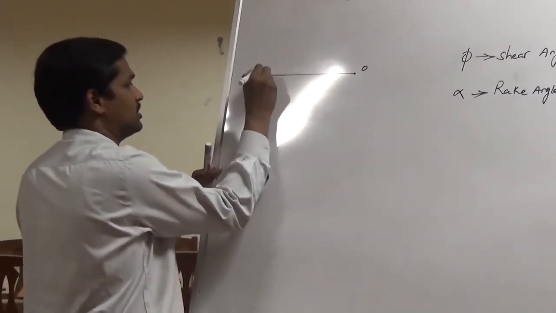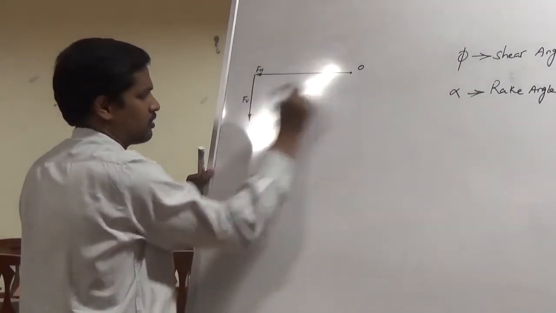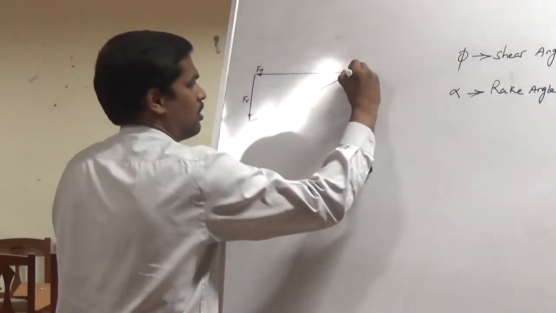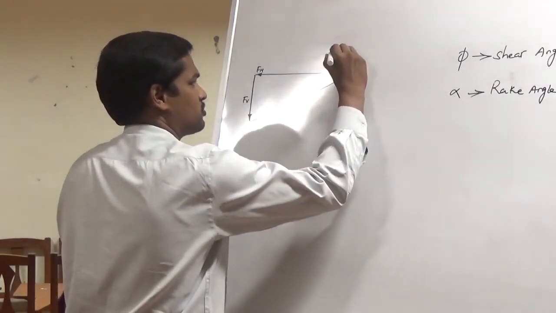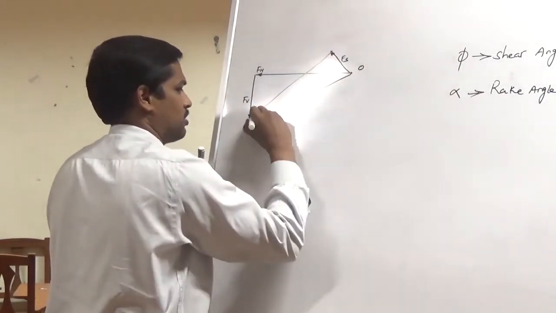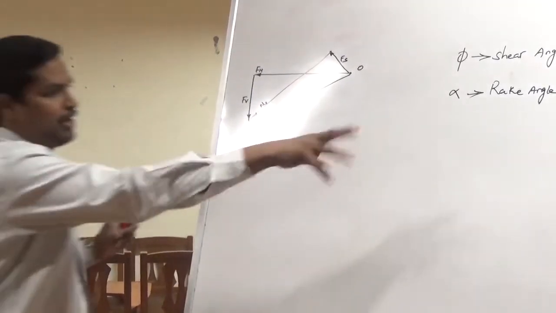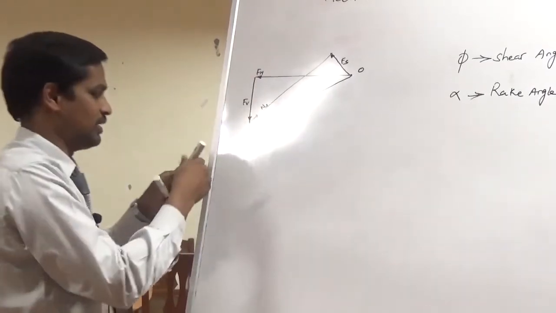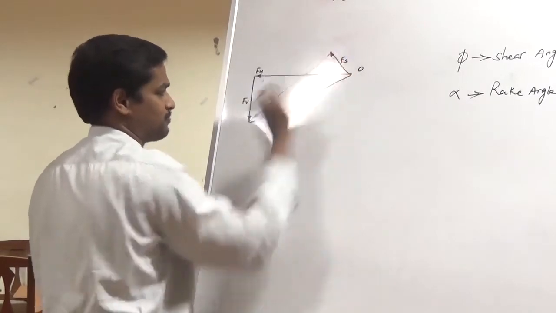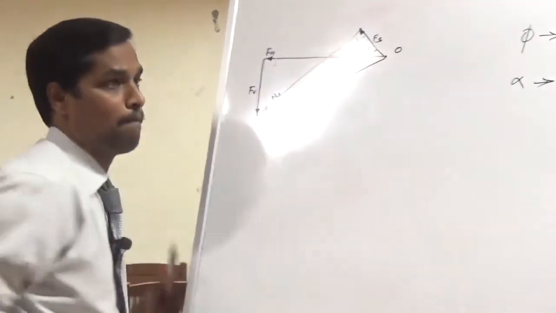I can write it over here, and it's FV. Resultant force R and frictional force F, force along the shear plane Fs, and this is Ns. Remaining two forces I have skipped. In the next diagram we can relate that, and of course this is 90 and this is also 90. And remember, this is the shear plane angle pi.